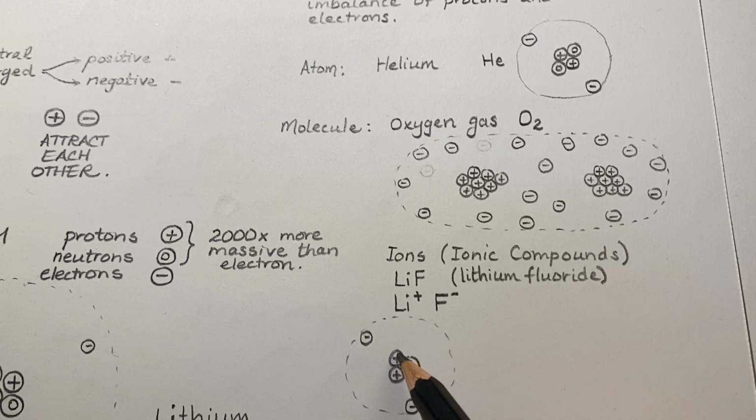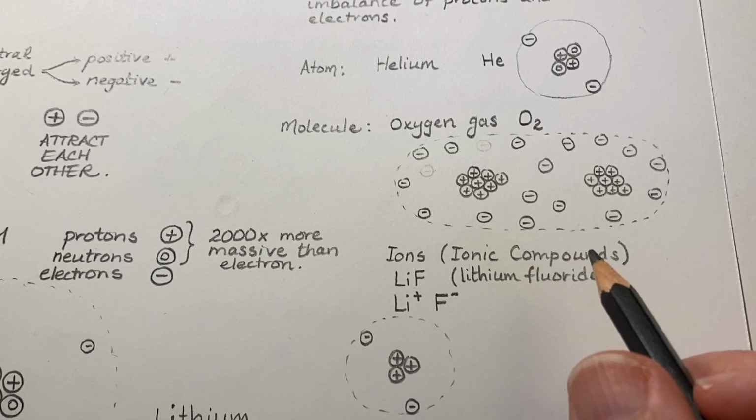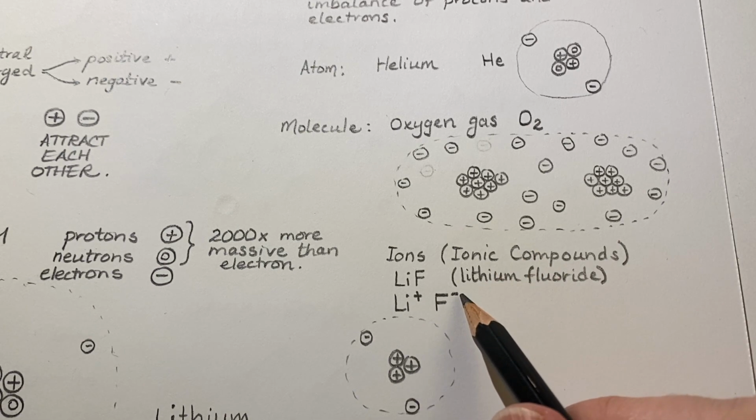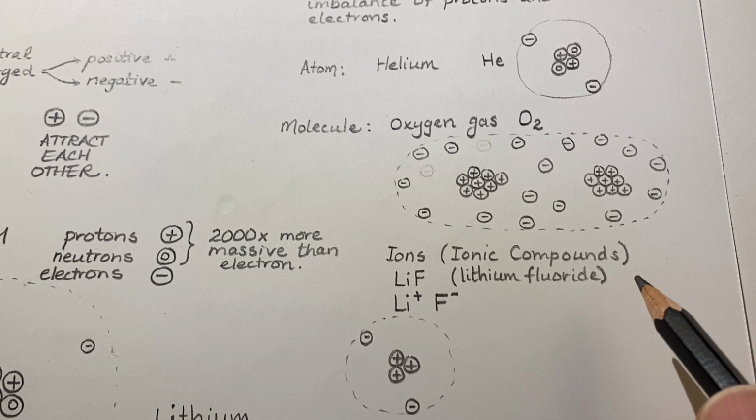It has 3 protons in the nucleus, so it's still lithium, but it's positively charged because we removed one of those electrons. Okay, so there's our lithium ion. And yes, lithium ion batteries, this is exactly what's in there. Okay? Alright, and then our fluoride, let's see what's happening there.